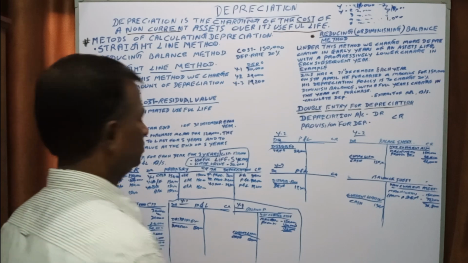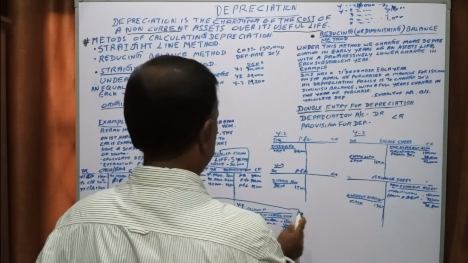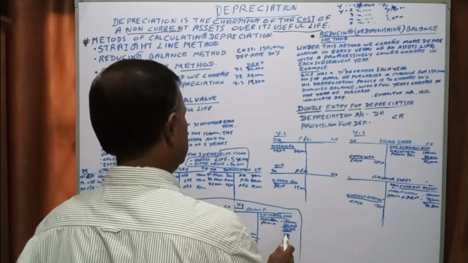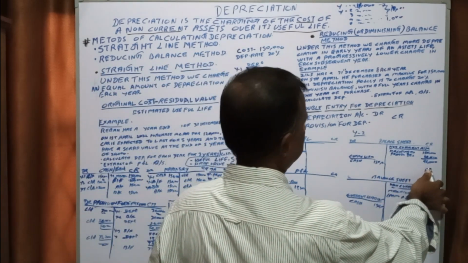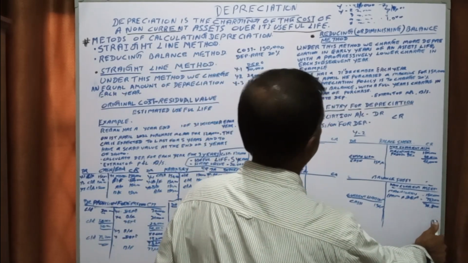The balance is reduced. First year the cost is 150, and after first year depreciation 120. Second year after depreciation 96,000. Third year after depreciation 76,800.